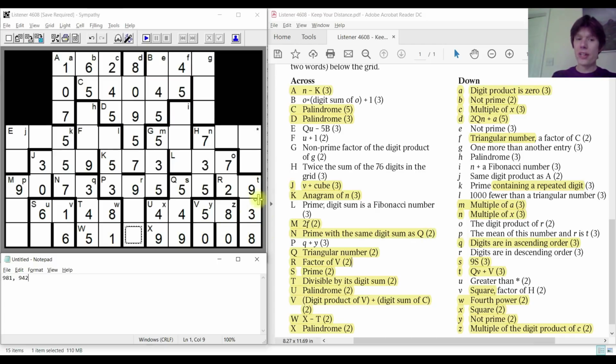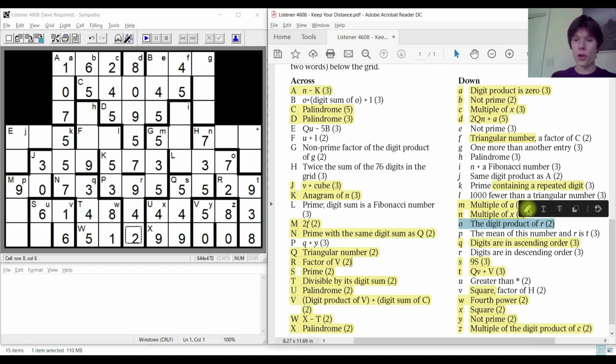And because little t is the mean value of little p and little r, that in turn means that little p would have to be 43 less than little t. But little t is 938, 43 less than that is less than 900, and that isn't possible. So 981 also isn't possible, and therefore the only option for r is 942, which I can put into the grid now, and that fits nicely with the digit product being 72.